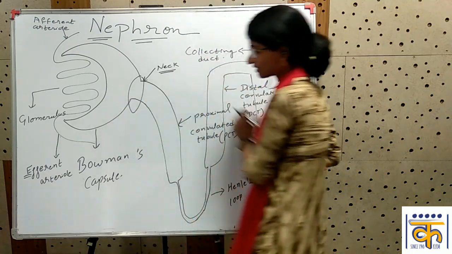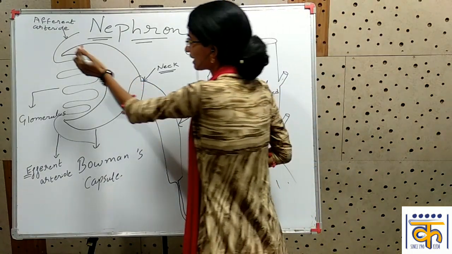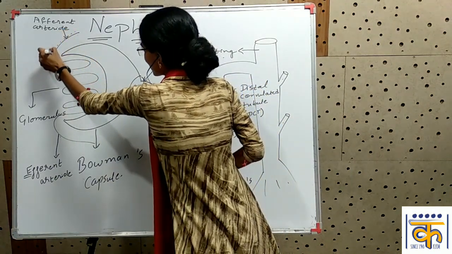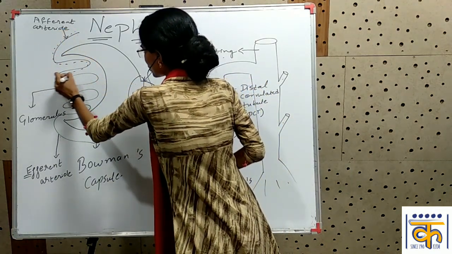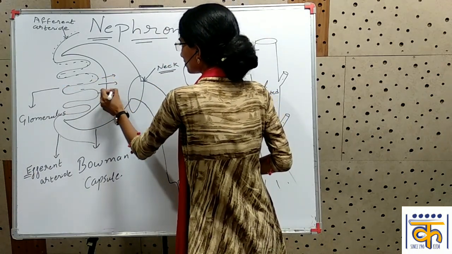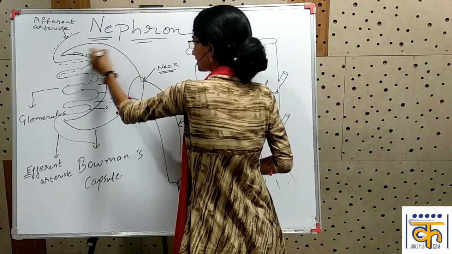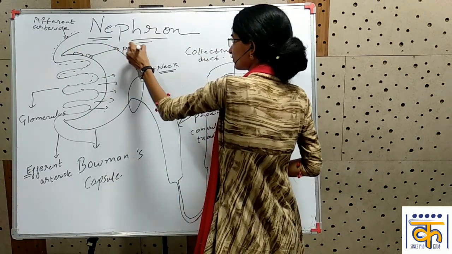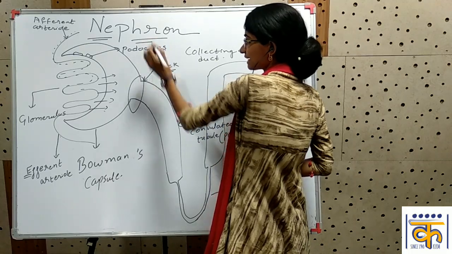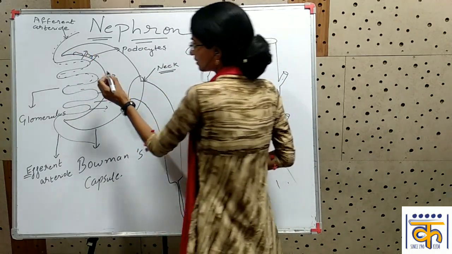Now, after studying the structure, let's understand how the filtration of the blood occurs. Blood, once it starts entering into the tube-like structure, that is glomerulus, is filtered out through the Bowman's capsule. Bowman's capsule has specialized cells called podocytes, which have spaces in between through which the blood filters out.